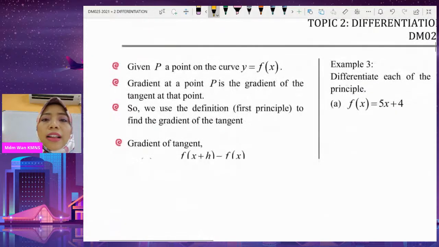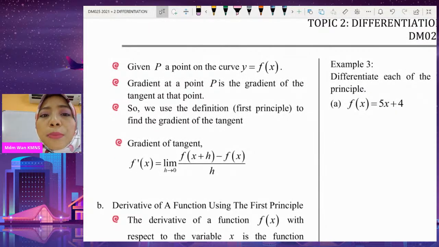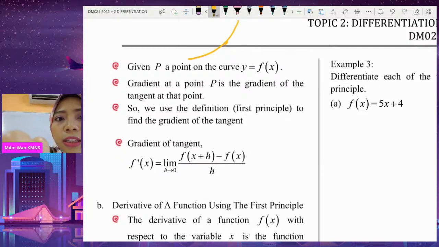Given P a point on the curve f(x). If there is a point P on the curve where the y value we call f(x), and this is x, then the gradient of the tangent at that point uses the definition of the gradient of the tangent.